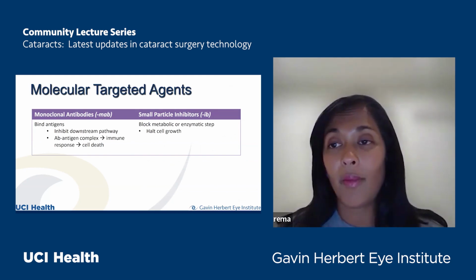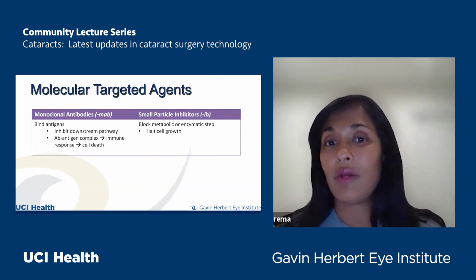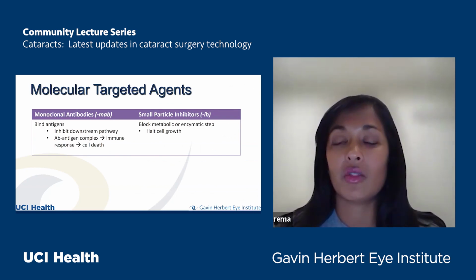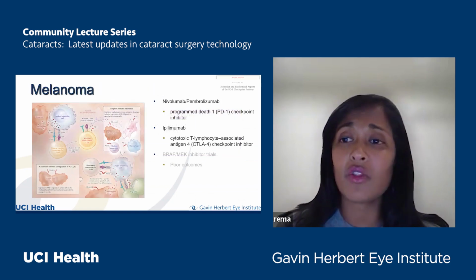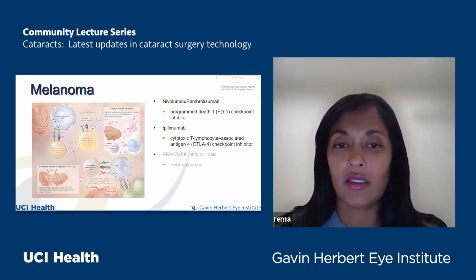So really the emphasis of this talk is to consider targeted agents. And this is, as I mentioned earlier, really redefining how we manage patients with cancer in general, but definitely periocular malignancies. First, we'll begin with melanoma and medications that have really taken over.